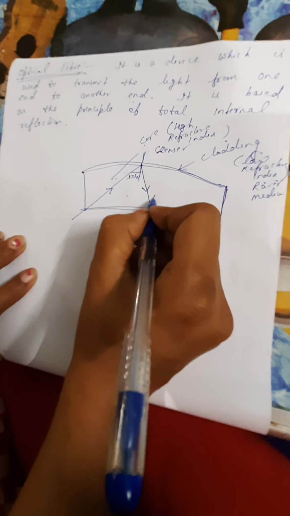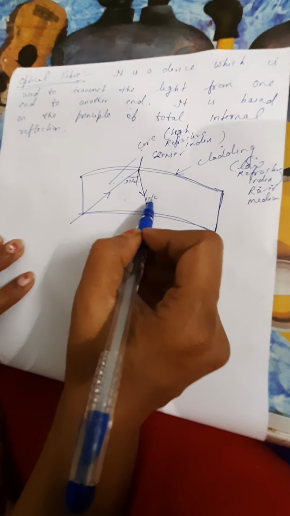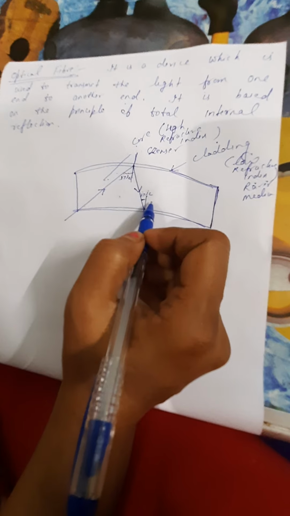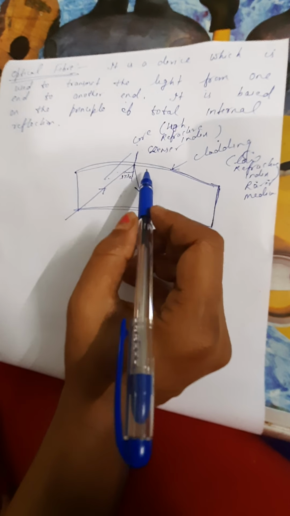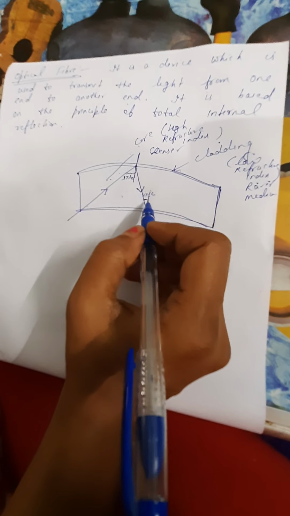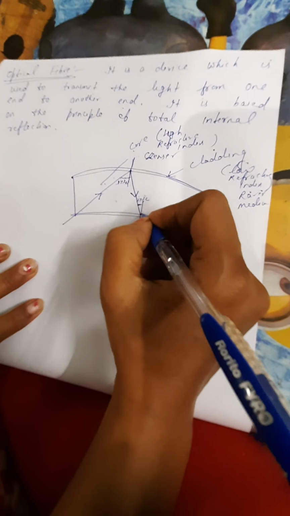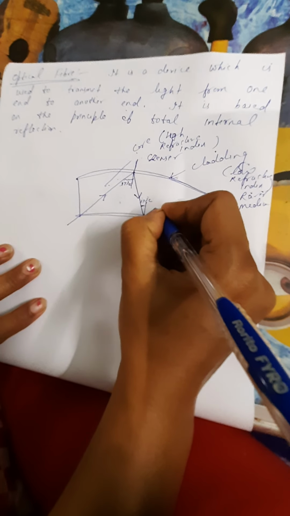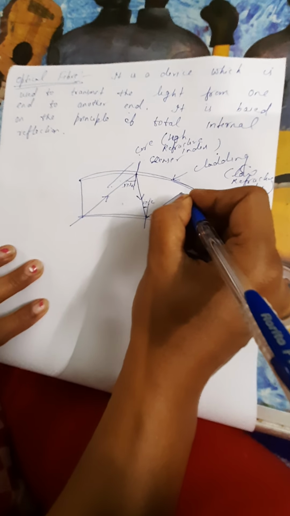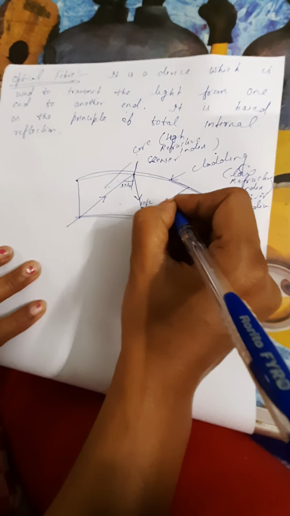Here again this is the normal, and again i is greater than ic, so it will reflect in this way.